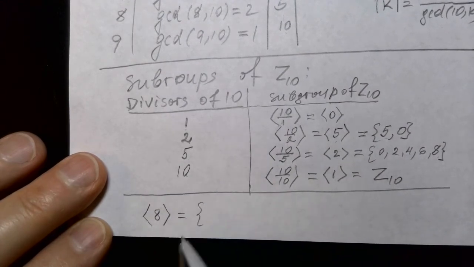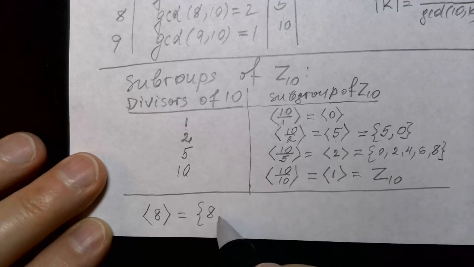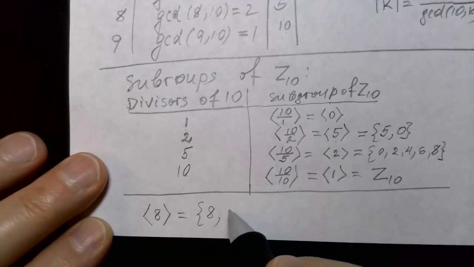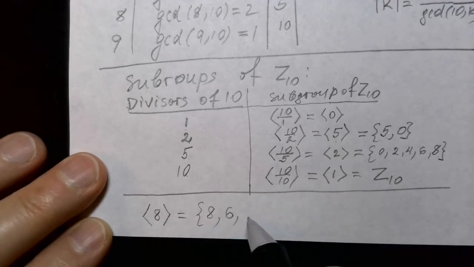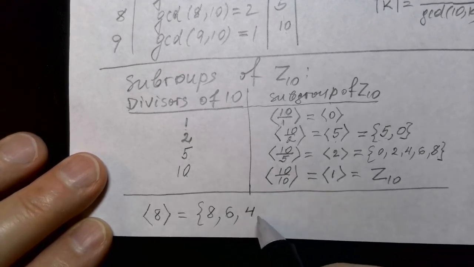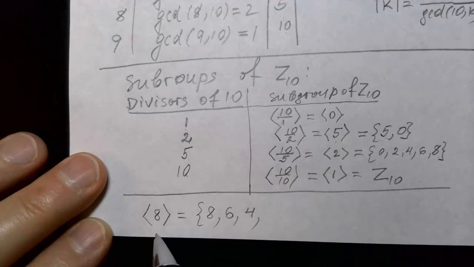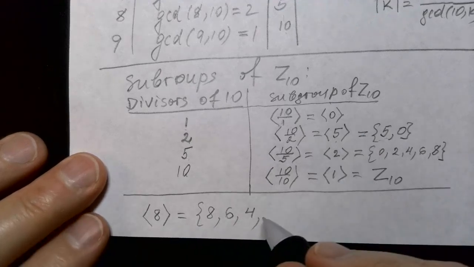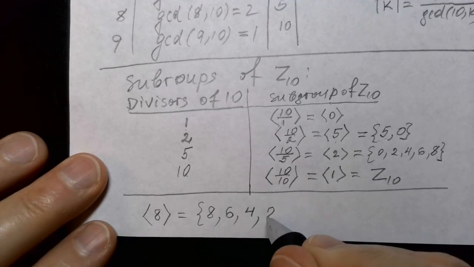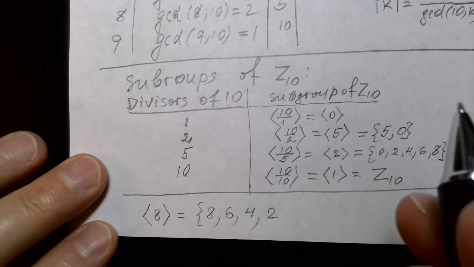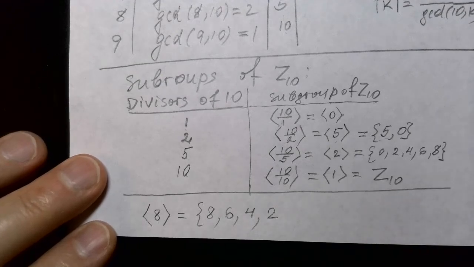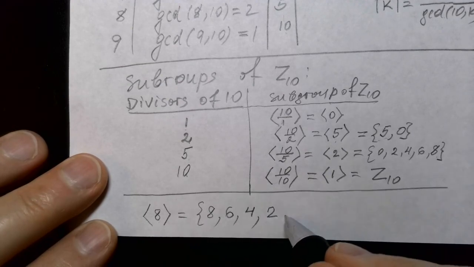It consists of all multiples of 8, so 8, 2 times 8, 16, mod 10, we get 6. 3 times 8, 24, mod 10, it is 4. 4 times 8, 32, mod 10, it is 2. And 5 times 8, 40, mod 10, it is 0.